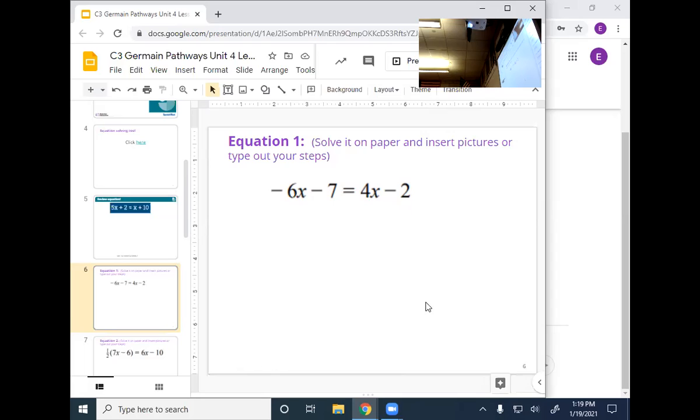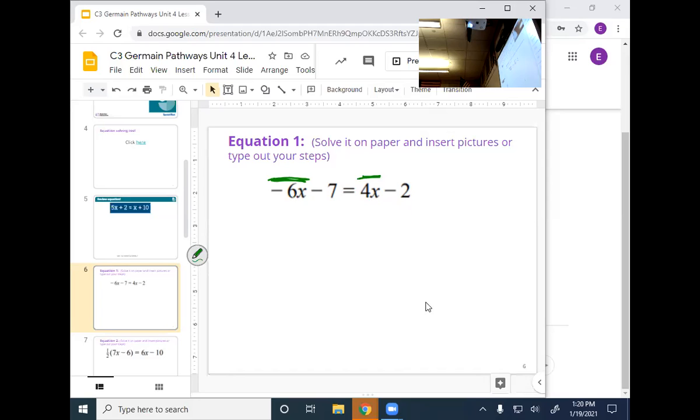So when we have x's on opposite sides, the first step is we need to figure out which one is smaller. Avery? Smaller. Which one of our x's here, this negative 6x or this 4x, is smaller? Really, only 2 options. Nice job, Jaden Ramos.